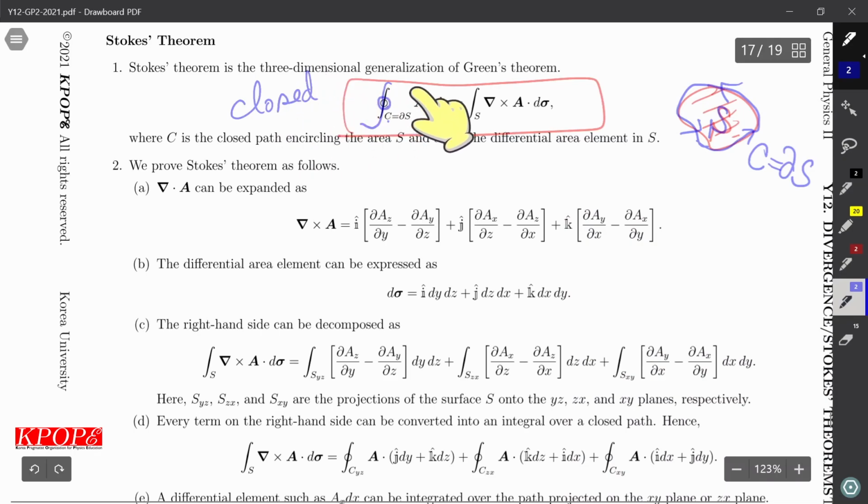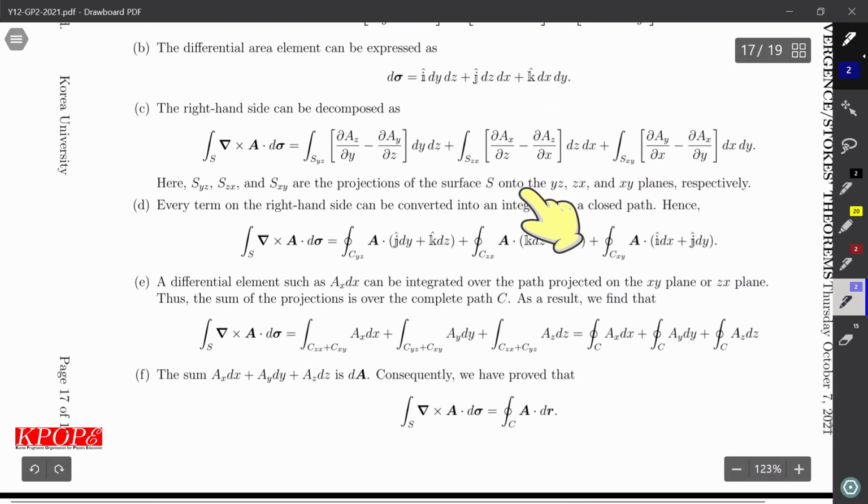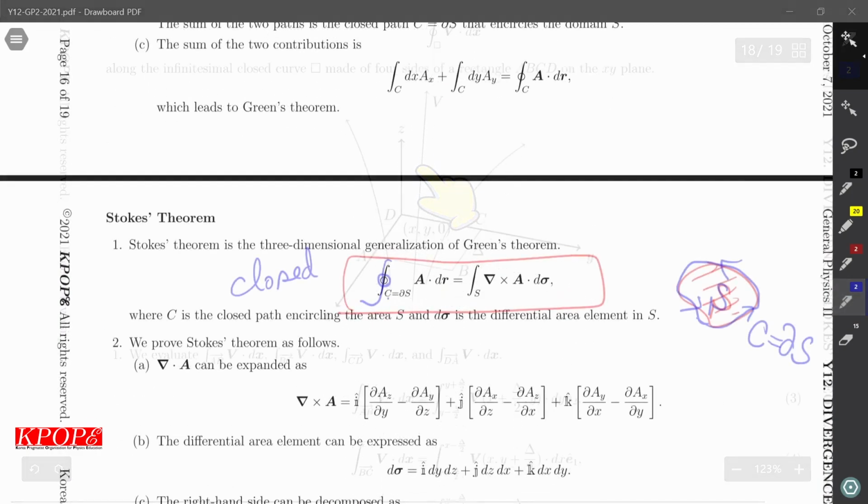Close the path. Okay. Detailed derivation is given here.